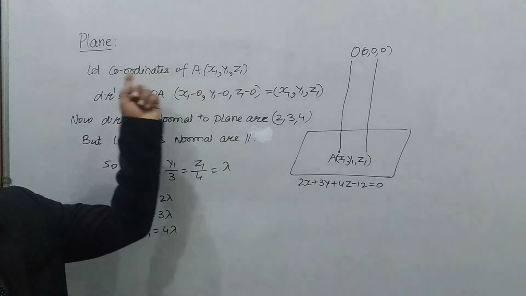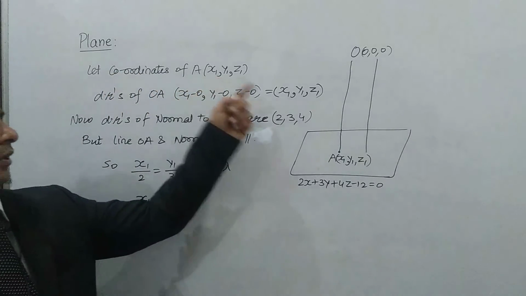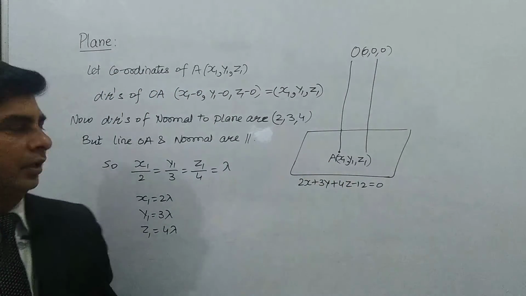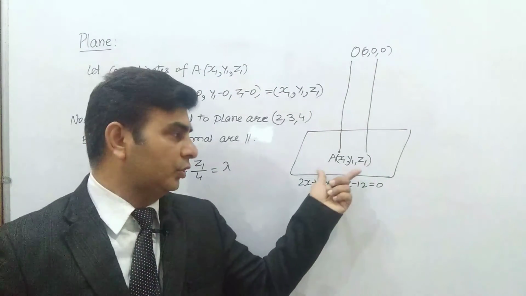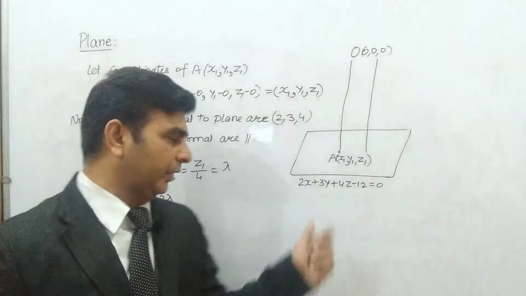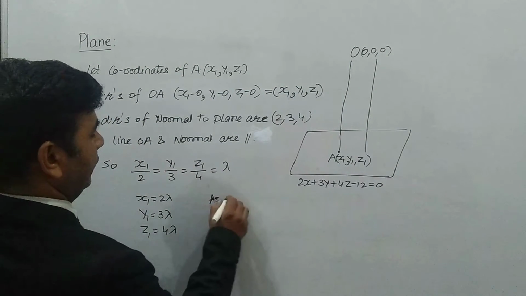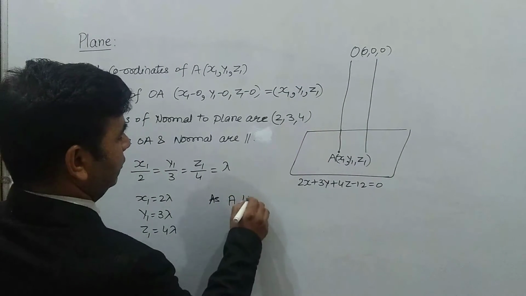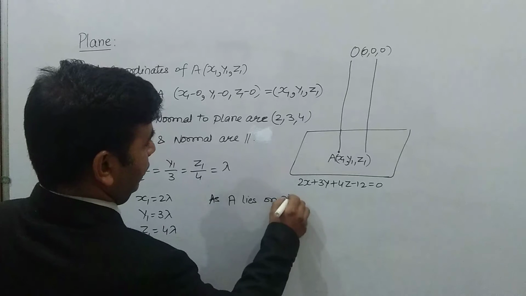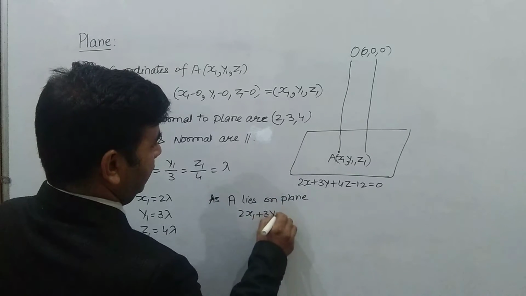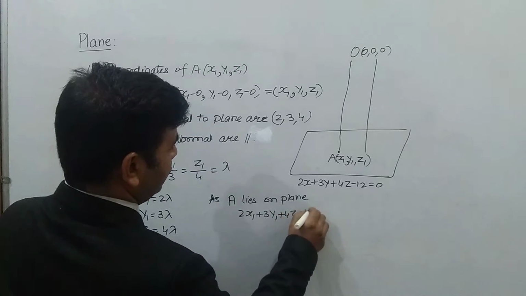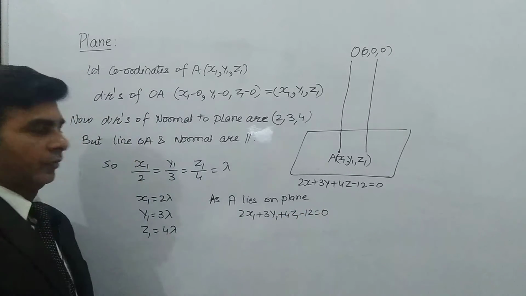Now, as point A lies on the plane, the point will satisfy the equation of the plane, so 2x1 plus 3y1 plus 4z1 minus 12 will be equal to 0.